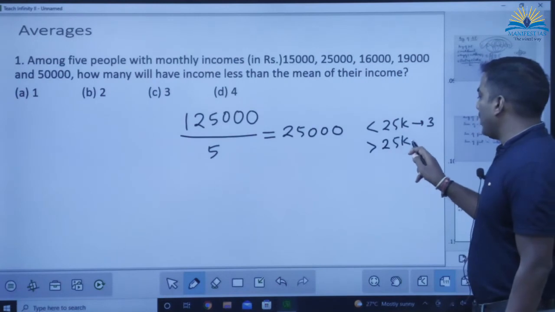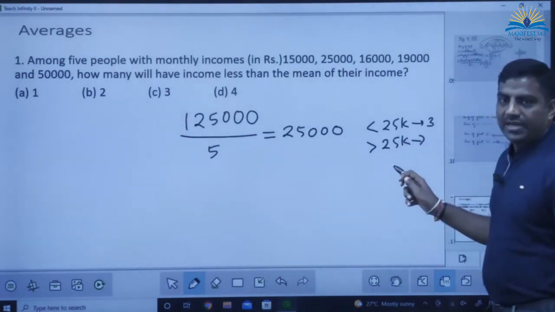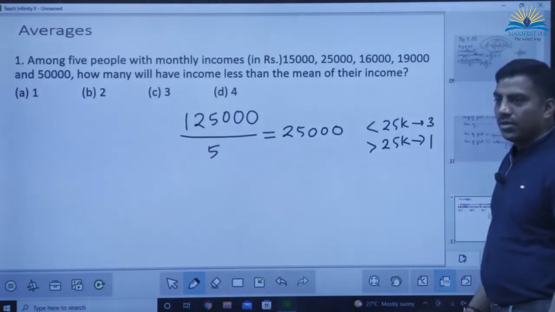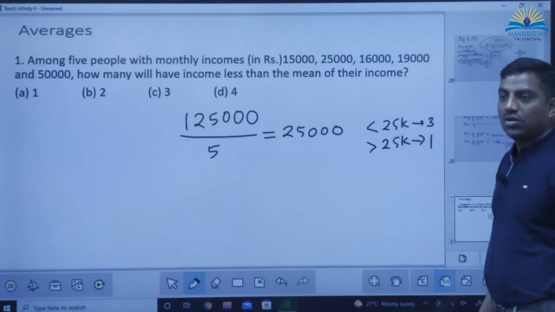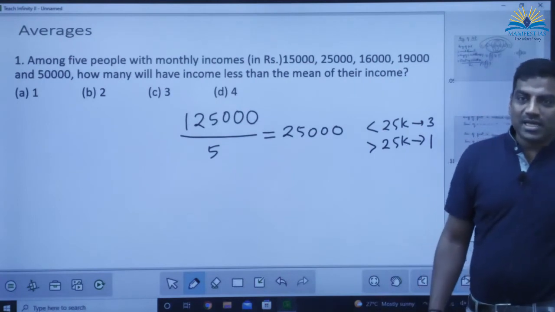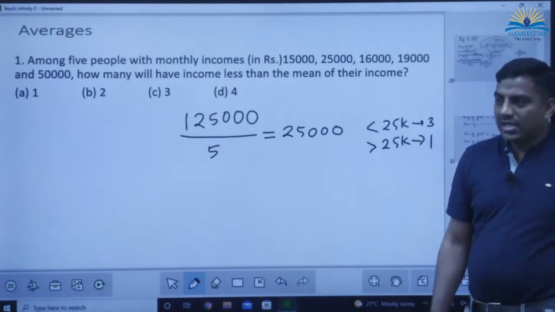More than 25K, how many? More than the mean. Where did another person go? He is getting 25. You are not considering him either in more or in less.